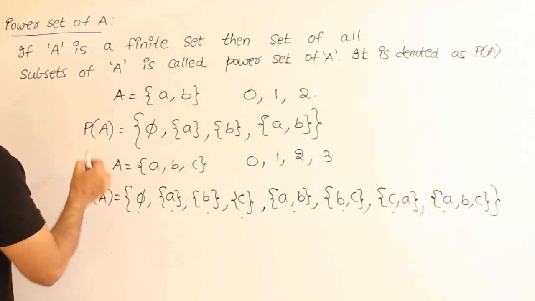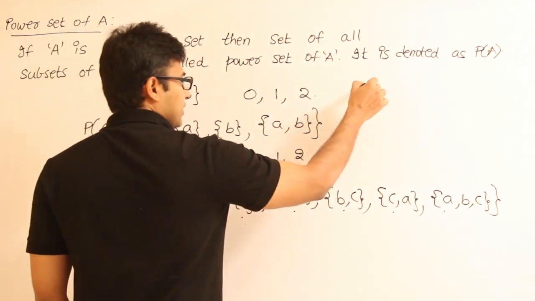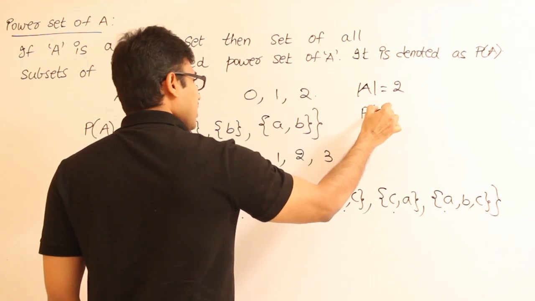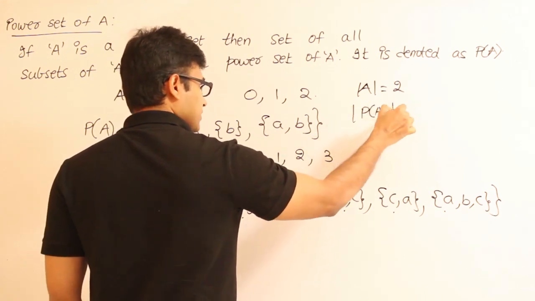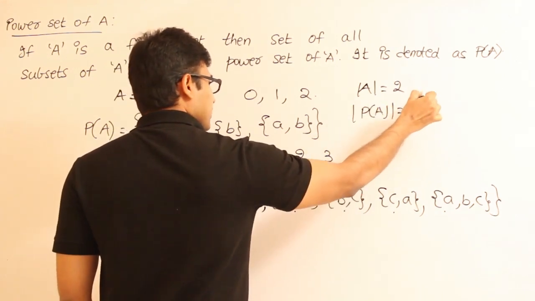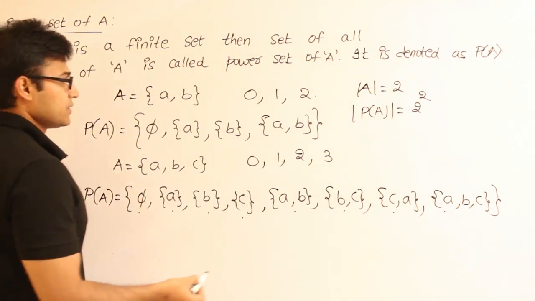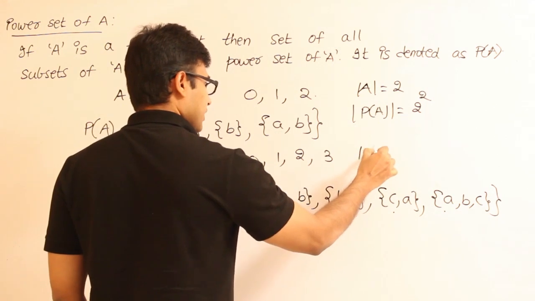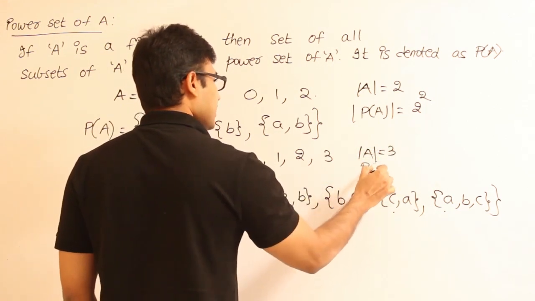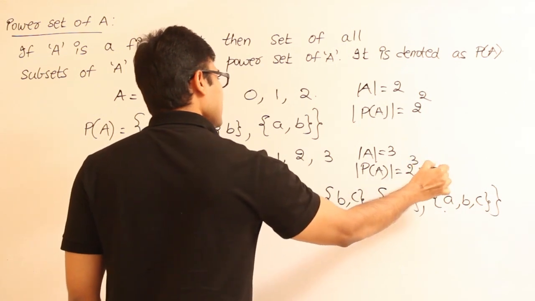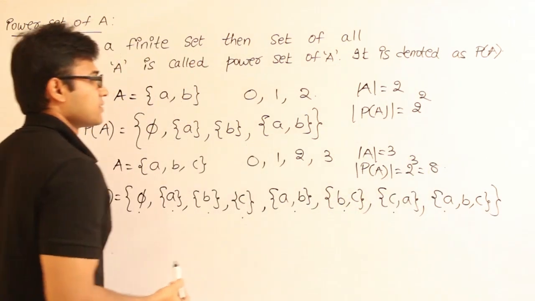Therefore, if A contains 2 elements, then the power set of A contains 2 square elements, right? And in the second example, if A contains 3 elements, then the power set of A contains 2 power 3, which is 8 elements, right?